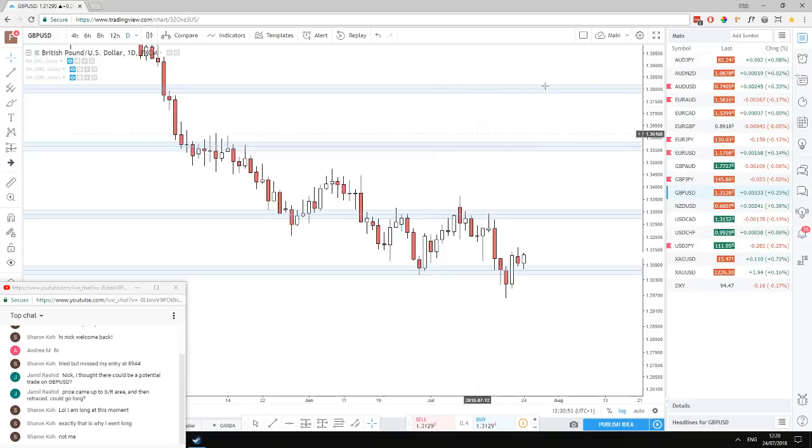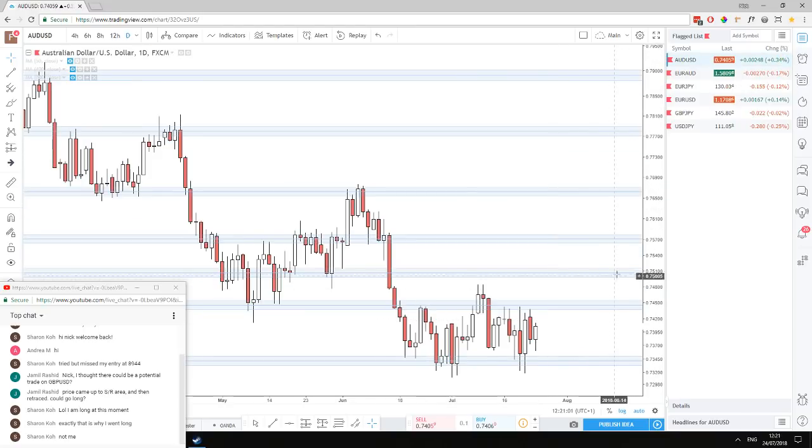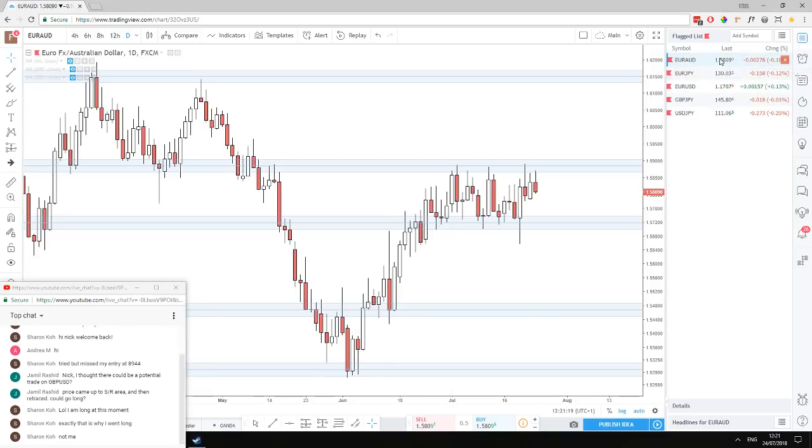All right, well, it doesn't look like there's any questions, but if there is, I'll answer them in a second. For now, just going to quickly wrap up things with the analysis, just go over what we talked about. AUDUSD, I'm looking for range-bound trades. That's shorts if indecision forms at the top and longs if indecision forms at the bottom. So range-bound trades.